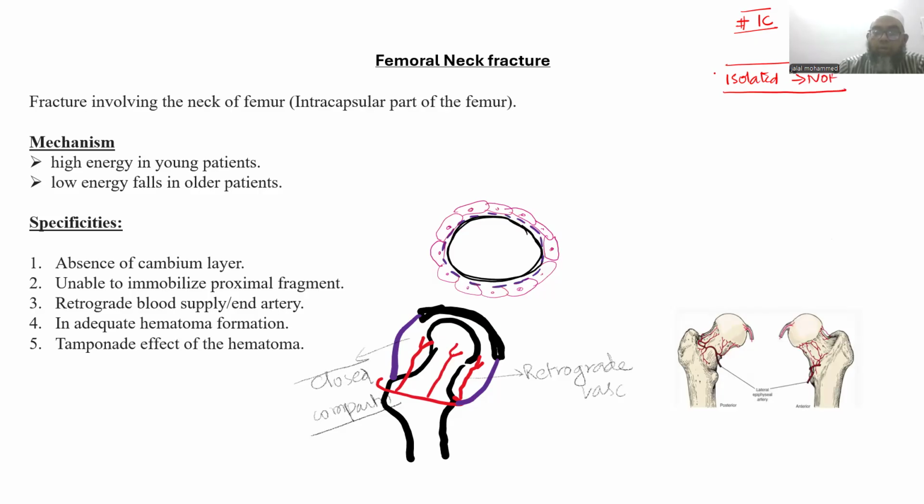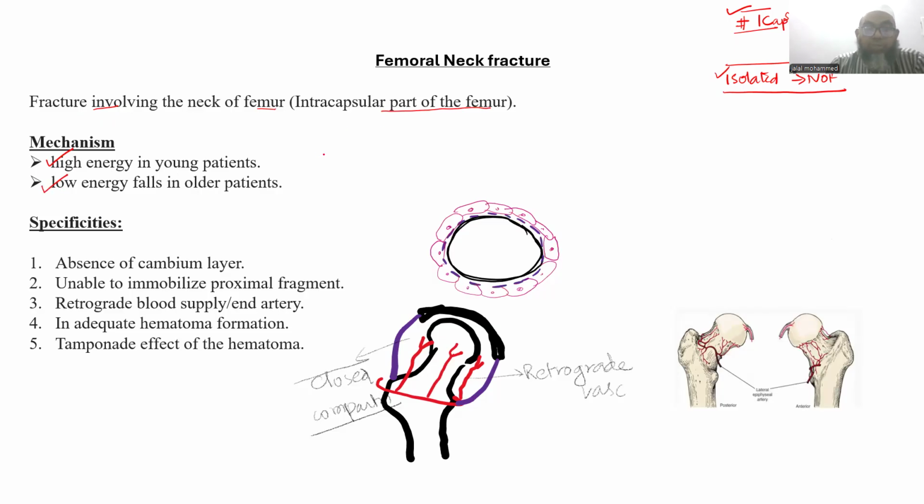So these are two different scenarios we may get in the exam. Intracapsular fracture means it includes head and neck of femur. So what is a neck of femur fracture? A fracture involving the neck of the femur, that is the intracapsular part of the femur other than the head. It happens with a very high velocity injury in a young patient, but with just a trivial fall or low energy fall in an older patient.